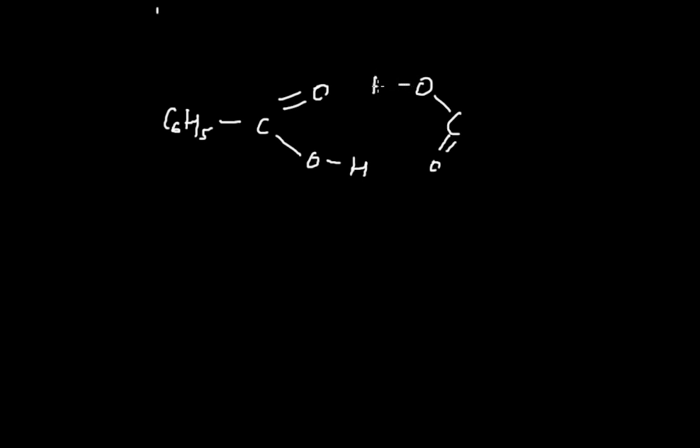So why do they stay like that? You have a C6H5, so this is your benzoic acid. Benzoic acid undergoes hydrogen bonding in benzene. Just to clarify, it is in benzene. There is hydrogen bonding between oxygen and the hydrogen.